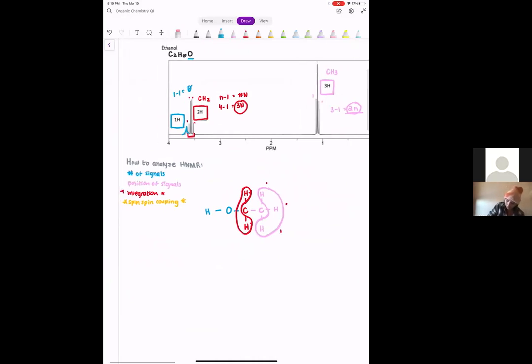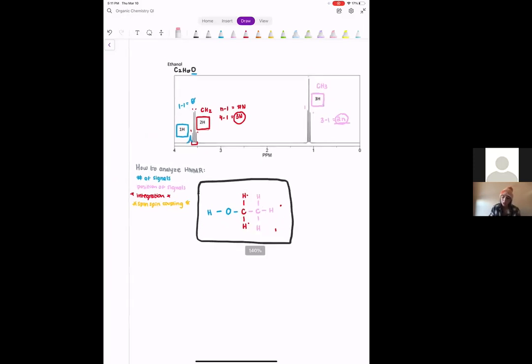And lastly, we can look at this one, which is pushed way downfield because it's attached to an electronegative atom: an alcoholic proton with 0 neighbors. And we get our final structure, which let's clean up a little bit so it makes more sense, of ethanol.